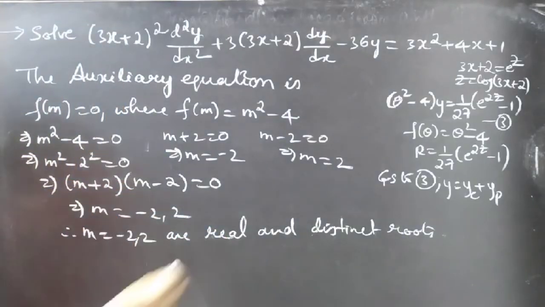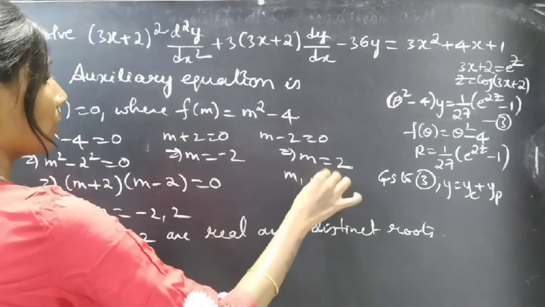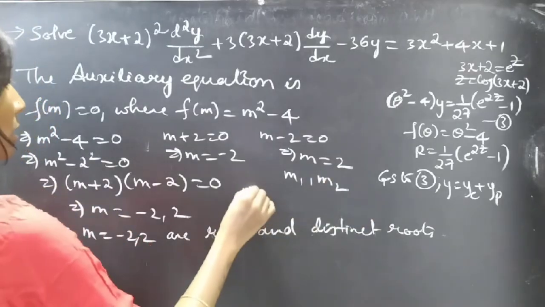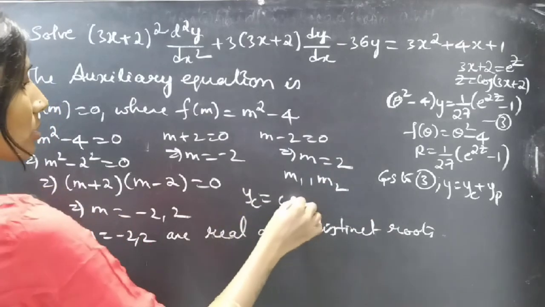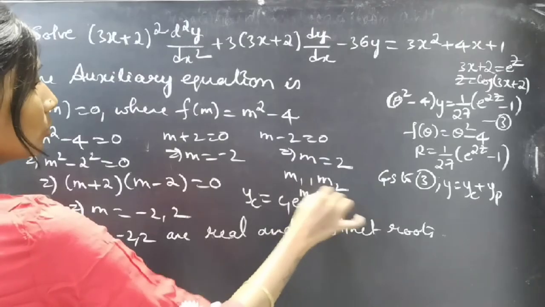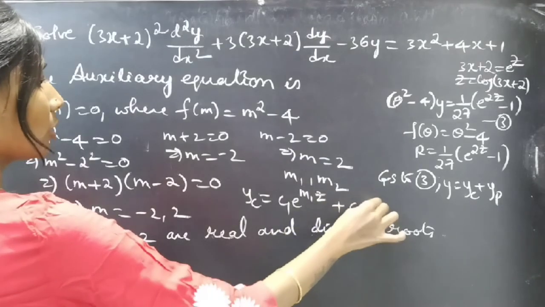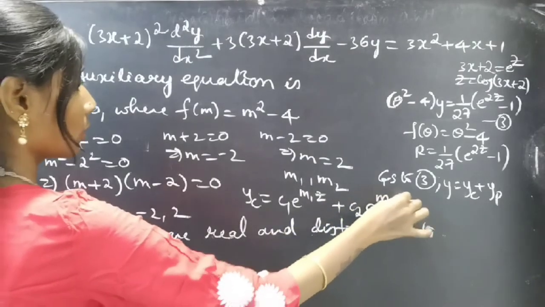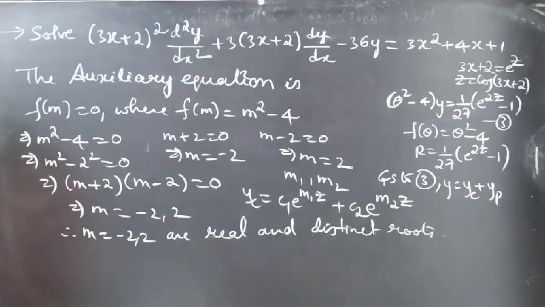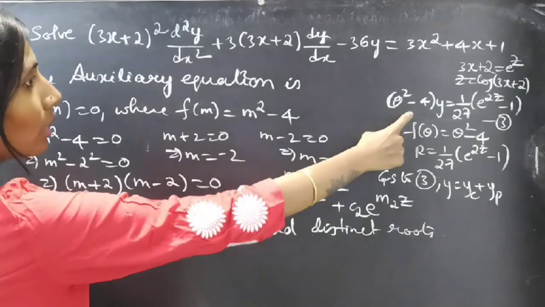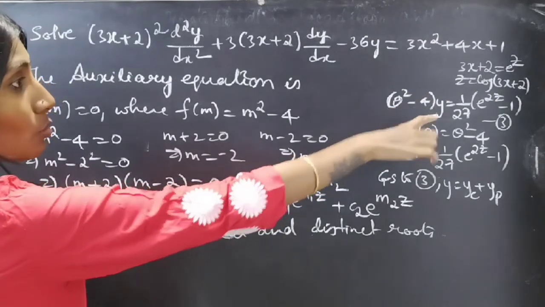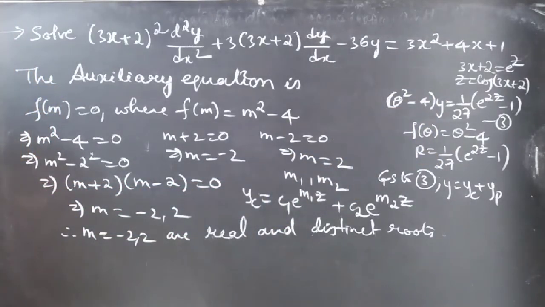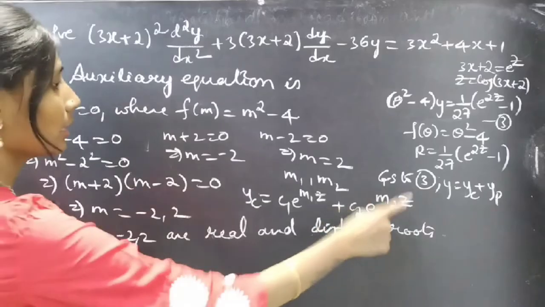We know that when two roots, say m1 and m2, are real and distinct, then yc looks like one constant into e power one root into the variable z plus another constant into e power another root into the variable z. Since we are finding yc to equation 3, which is an equation in terms of z and theta, the variable here is z, so we'll write z here.